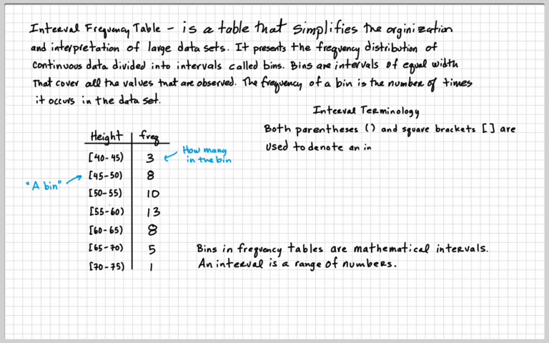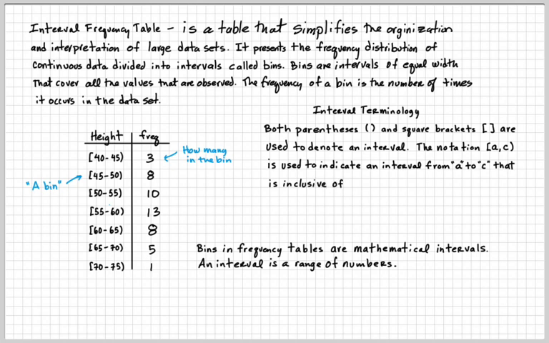Both parentheses and square brackets are used to denote an interval. The notation bracket A, comma C, parentheses is used to indicate the interval from A to C, that is inclusive of A but not of C. What does that mean?